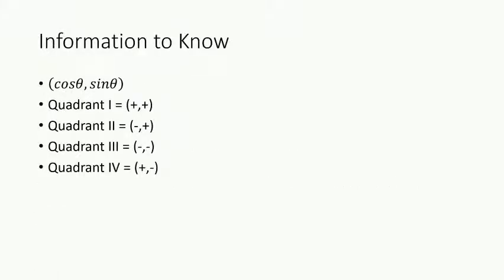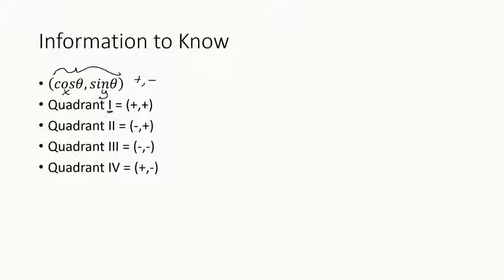So you should know, if you have the unit circle memorized, that all the points on the unit circle are always in this format: cosine theta, comma, sine theta. So this is our x value and this is our y value. This is important because if you know these, using the positives and negatives, you can actually decide which quadrant that point comes from.